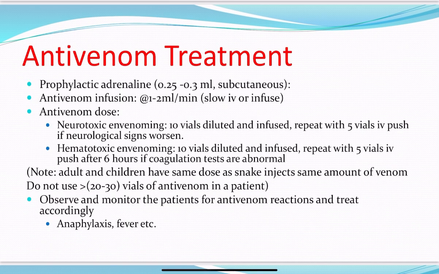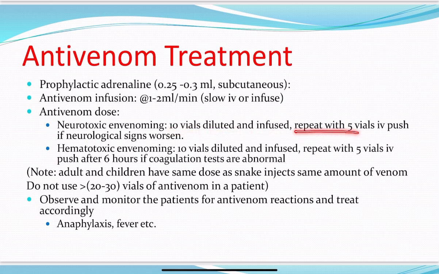So now on to the use of antivenoms. Prophylactic adrenaline 0.25 to 0.3 ml subcutaneously is given to prevent anaphylaxis. Antivenom infusion at the rate of 1 to 2 milliliters per minute. Antivenom dose: for neurotoxic envenomation, we use 10 vials diluted and infused.